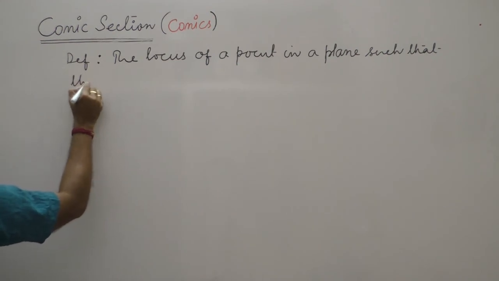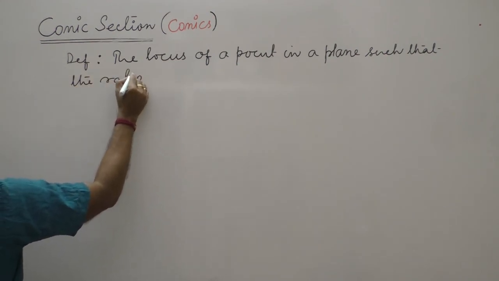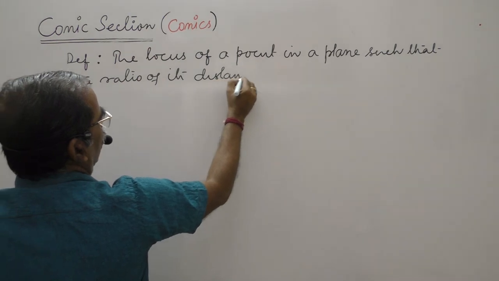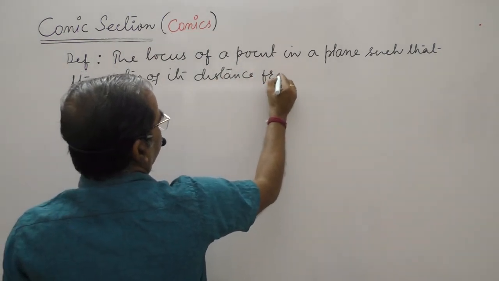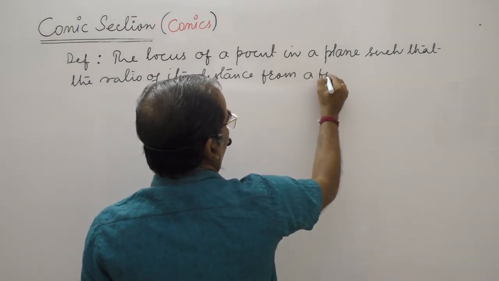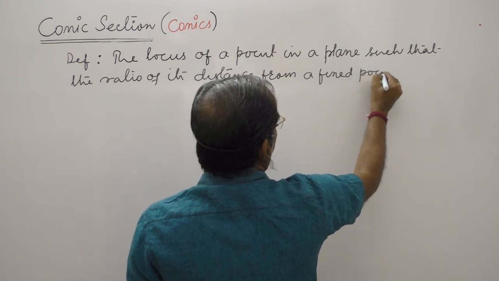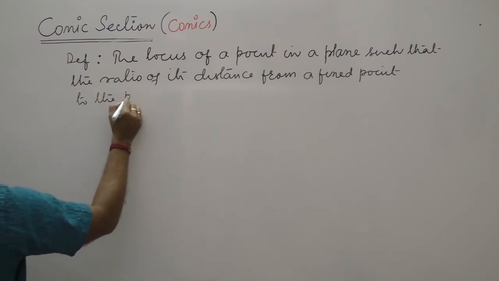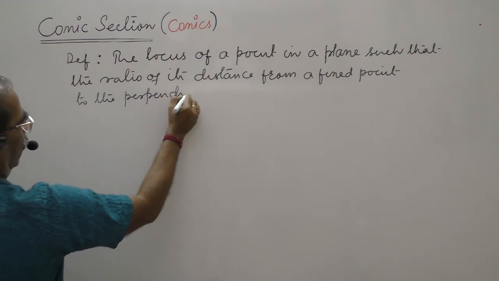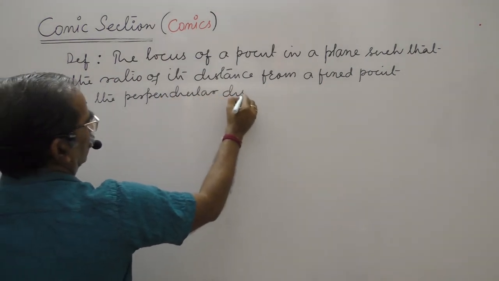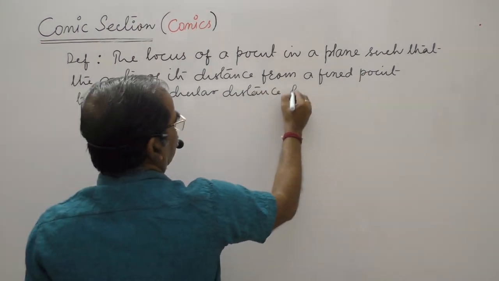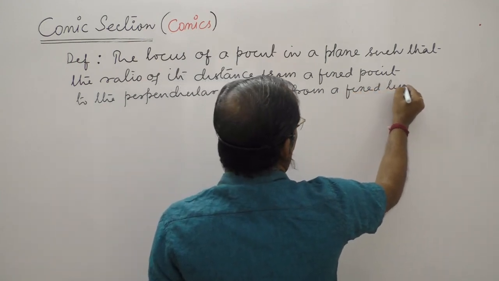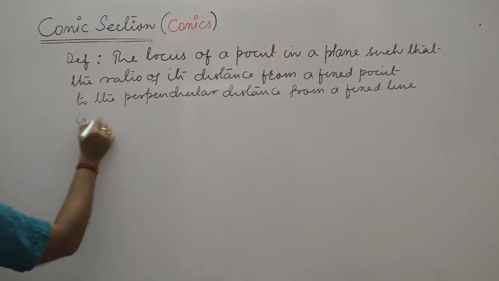the ratio of its distance from a fixed point to the perpendicular distance from a fixed line is a constant.